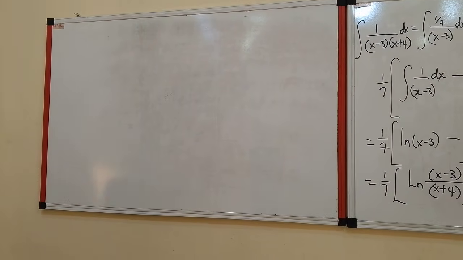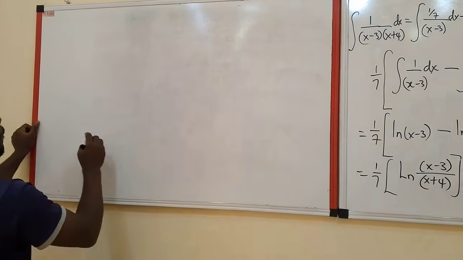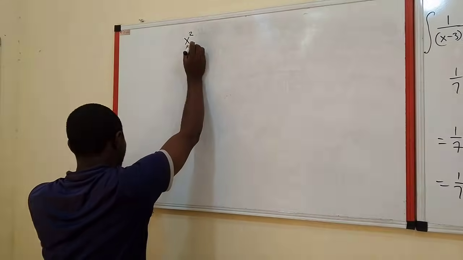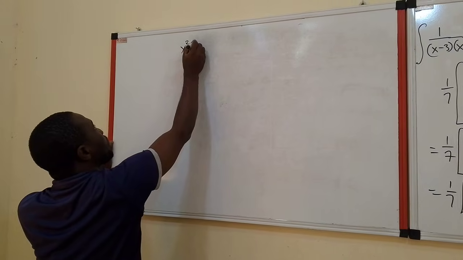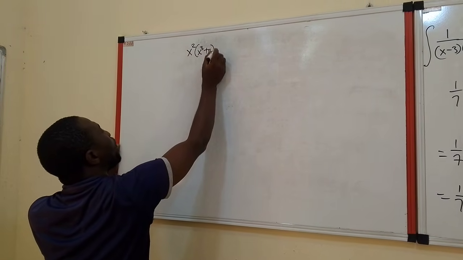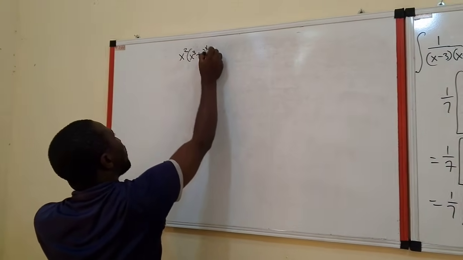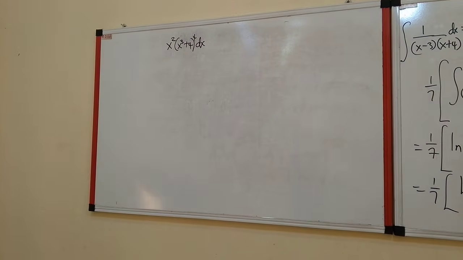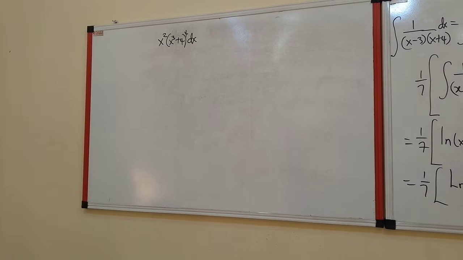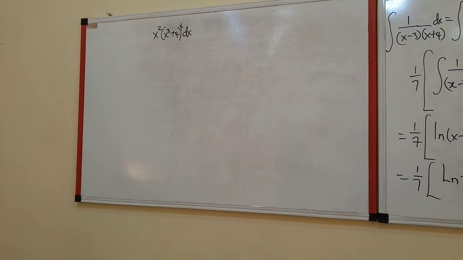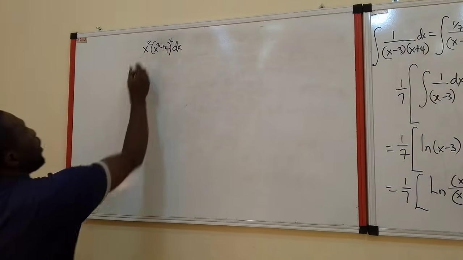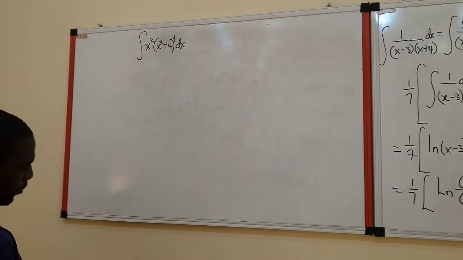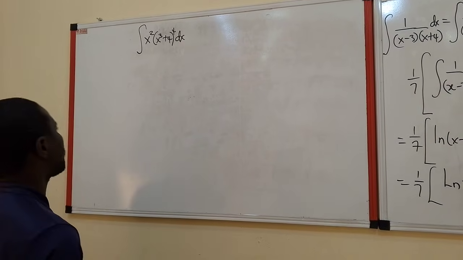Assuming you have the integral of x squared times (x raised to 3 plus 4) raised to 4 dx. We are asked to integrate this. What do we do?